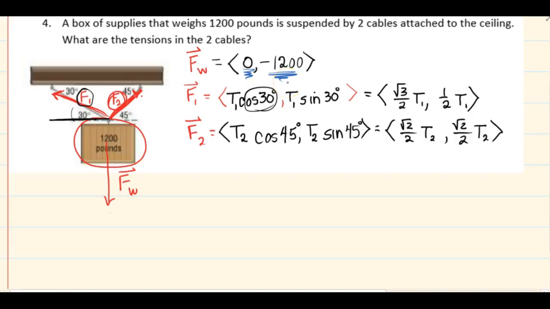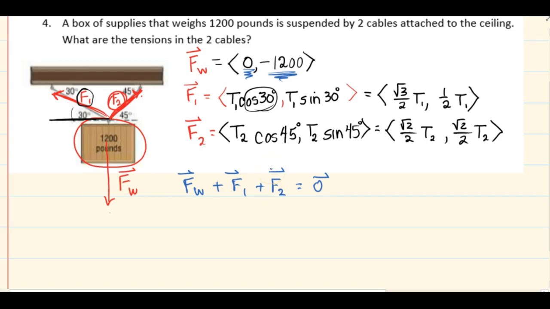So for something to be in equilibrium, it means that if you add up all the forces, you're actually going to end up with a 0 vector, meaning that nobody is moving, not left or right and not up and down.